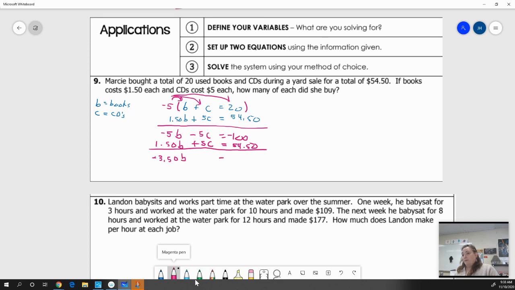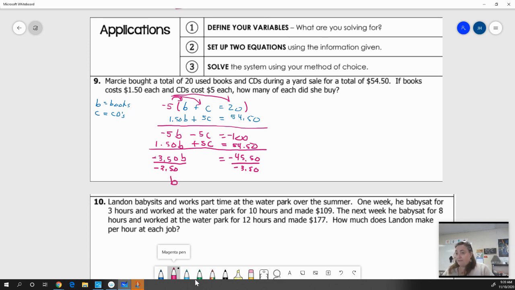These drop out, and it equals negative 45.50. And you're probably thinking, well, how do I have a negative price? But you don't, because when we divide this by negative 3.50, we get B equals, sorry, 13, right? Because a negative over negative is a positive.